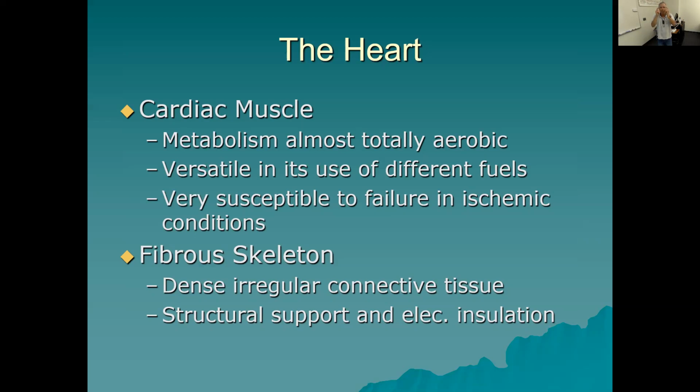So you can't let the electrical stimulation leak from the atria into the ventricles, because the ventricles would pump in the wrong direction. There's one electrical connection between the atria and the ventricles, the atrioventricular bundle. We're going to see that in a moment when I show you the conduction system of the heart.